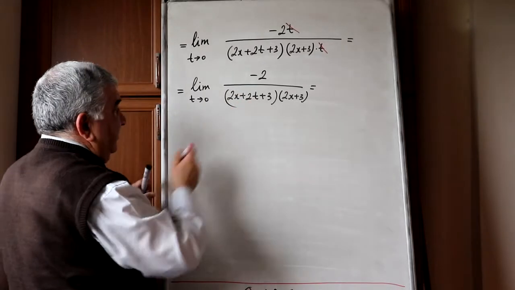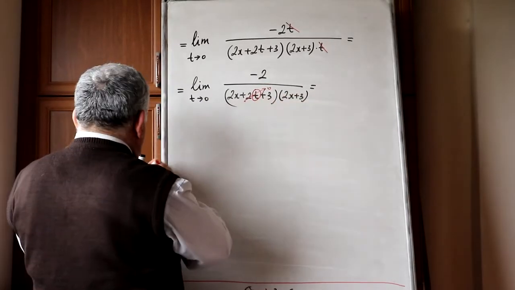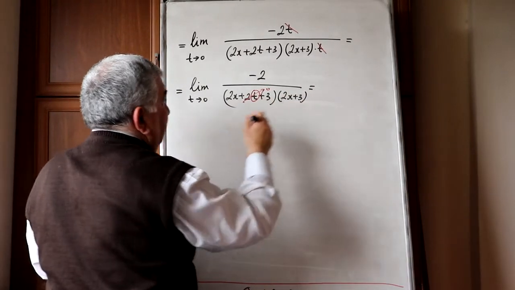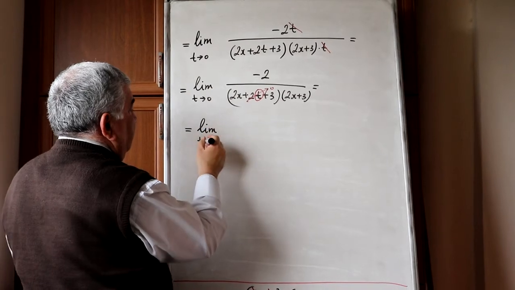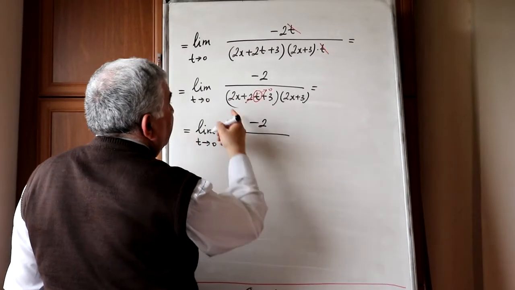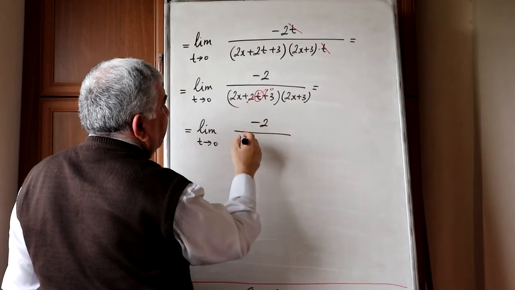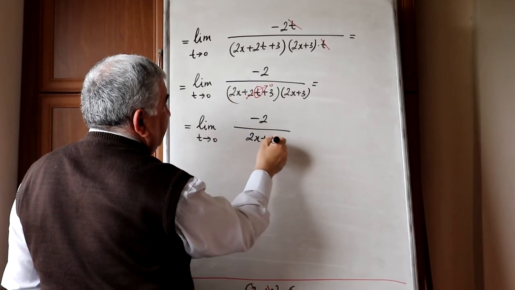Then we have the limit when t tends to 0 of minus 2 over 2x plus 3 multiplied by 2x plus 3, which is 2x plus 3 squared.